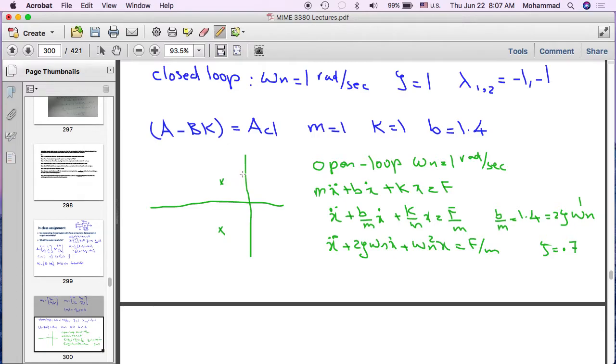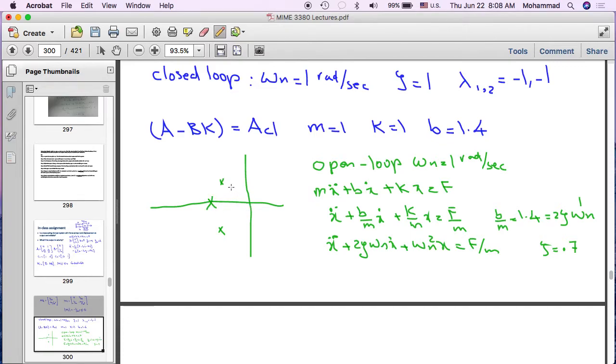And what you're trying to do is to maintain the distance, but bring them both onto the real axis. So you're trying to bring them as if they're moving on a circle and bring them exactly onto the real axis where the damping ratio is exactly equal to 1. So you want to bring them both here.